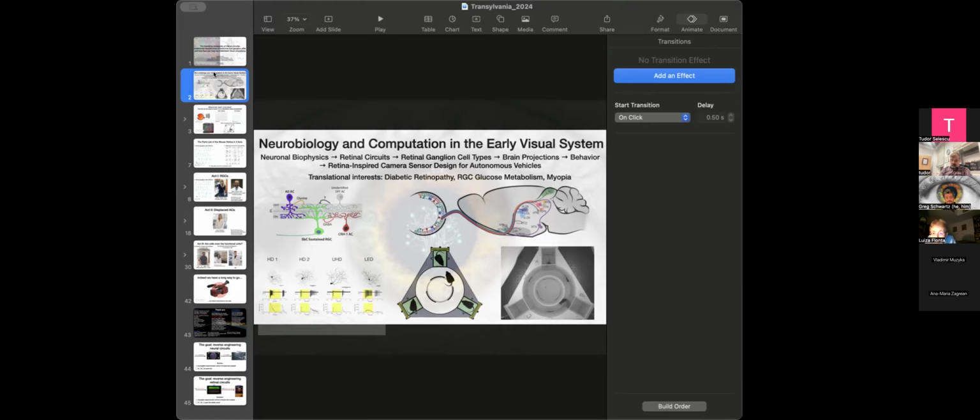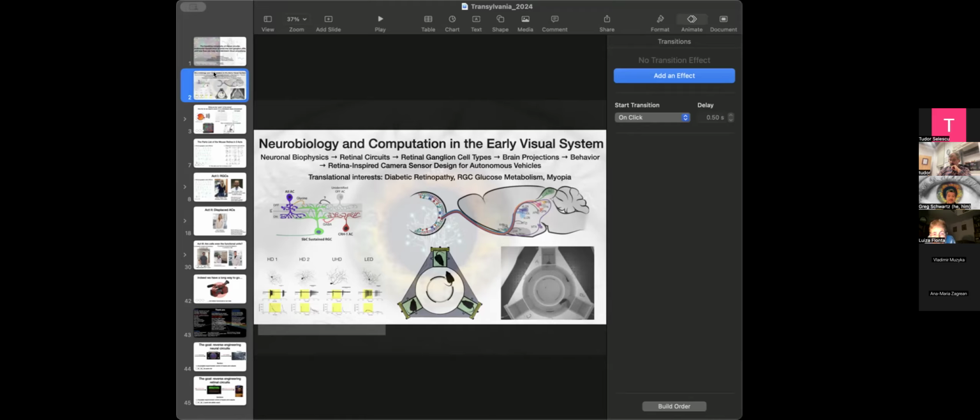And direction selective ones have absolutely been found. The ones that Teresa found were actually the on-DS cells. And one of the coolest things about that story, from my perspective at least, biased, is that the way she marked them in the first place to look for them in the primate is by using our transcriptomic data to find the homologous gene in a primate and to stain for it.